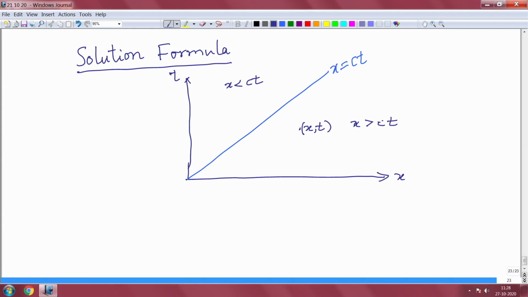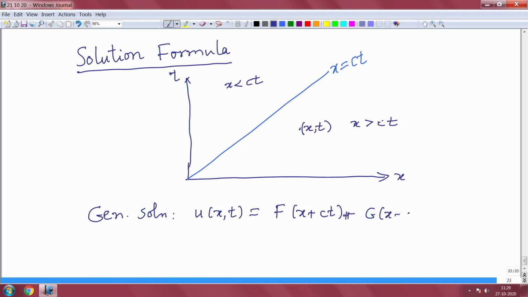And again, the general solution of the wave equation, we already know that. So, the general solution in whatever domain is of this form, f of x plus C t, there is no change here. We can use just the characteristic variable and obtain this.